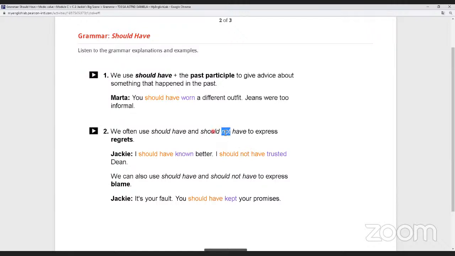The negative goes between the modal should and the auxiliary verb have: shouldn't have, or should not have, and the verb in its participle form. As you can see, we need to know the participle form of the most common verbs in order to form the sentence in the correct tense. So to give advice, to express regrets, to express blame, we have three uses of should have.